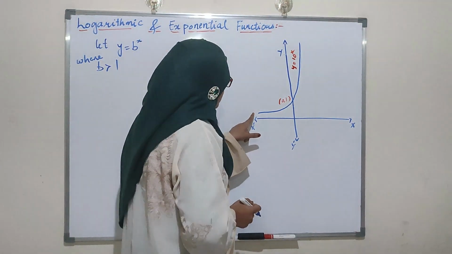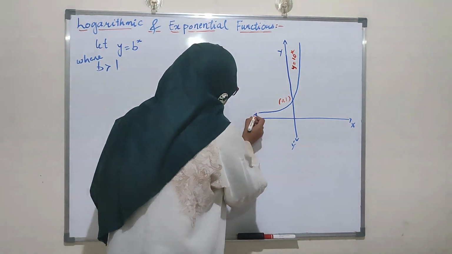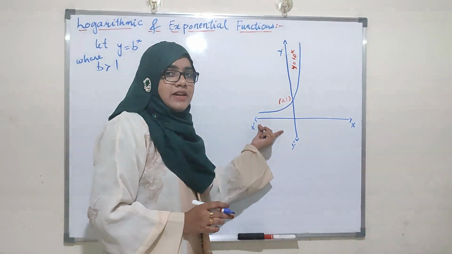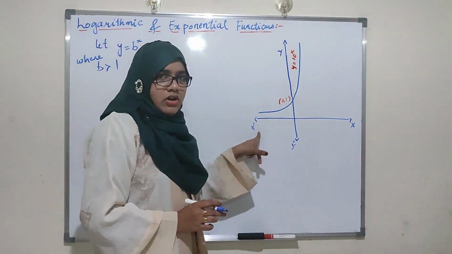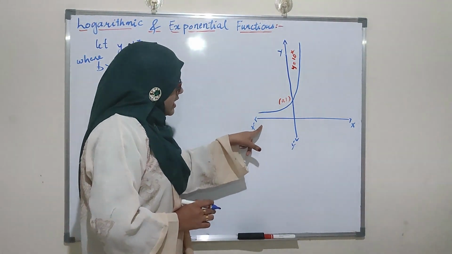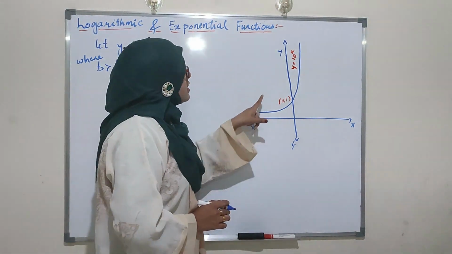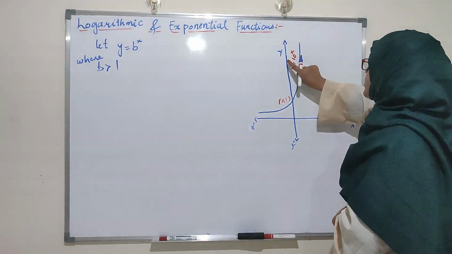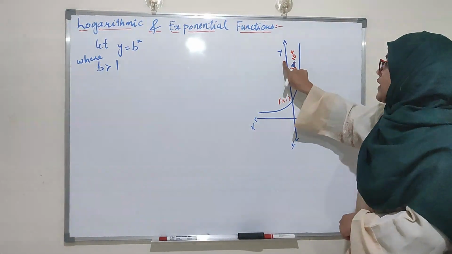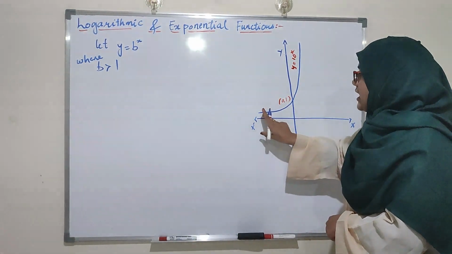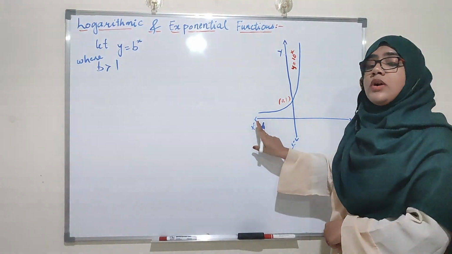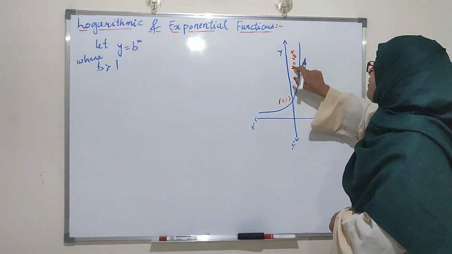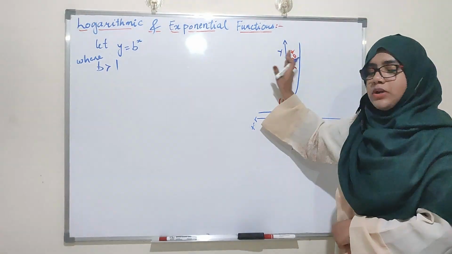Now if we take the highest negative values of x, on the x dash or left side, the graph of the given exponential function, or the y values, come close to 0. So on the negative x-axis, as x becomes more negative, the y value comes close to 0.